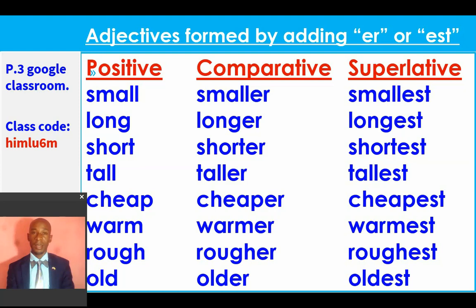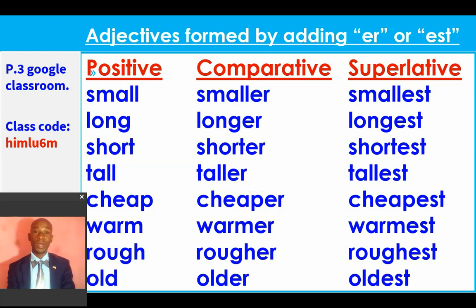Yes, are we there? So, this group has adjectives to which we add the letters er under the comparative degree if we are forming that adjective to comparative degree. We keep adding er, as you can see, at the end, not at the beginning.